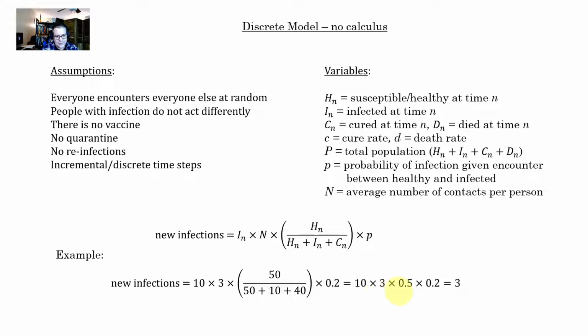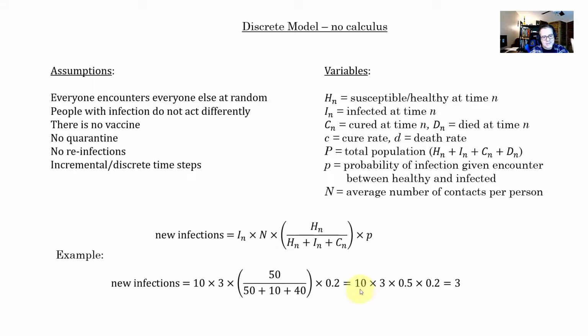That's 30 encounters, but let's say only half of them are with people that are susceptible. So that cuts it down to 15 encounters with people that are susceptible, but of those 15 encounters, only 20% involve the actual transmission of the disease. So we end up with 3 new infections in that particular example calculation.